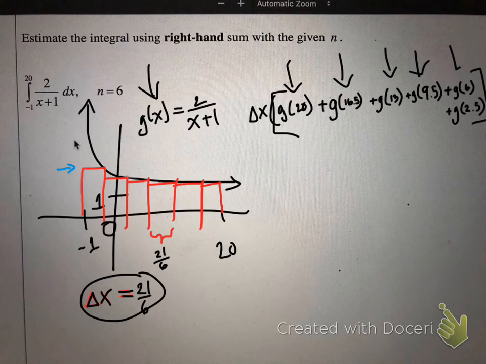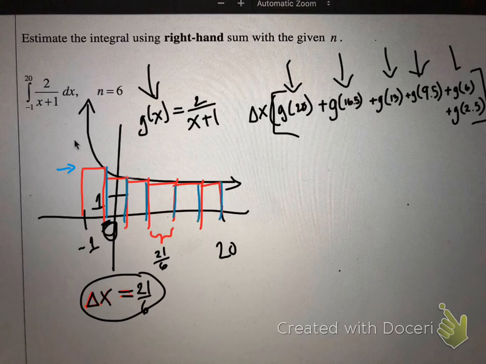That's the reason why you'd be like, how is 2.5 right here? But my graph is not to scale. And these are all the right-hand points. Sorry, it's really hard to draw. These are all these blue points.